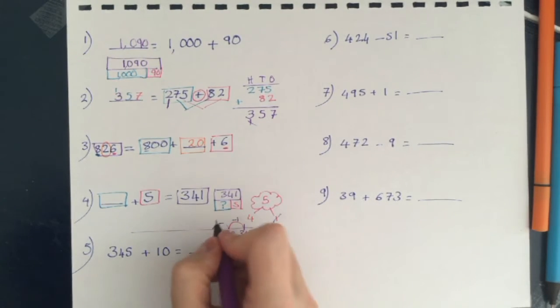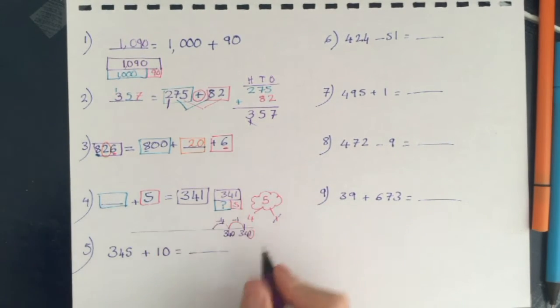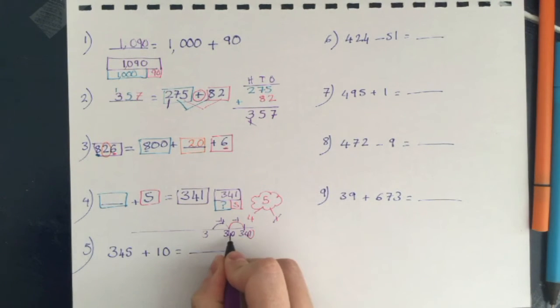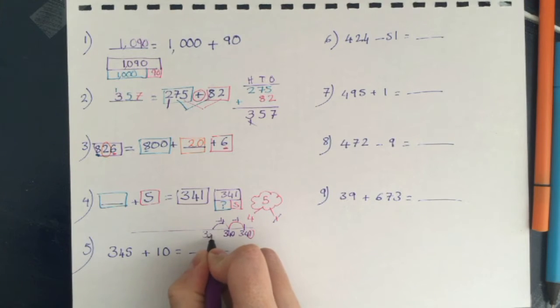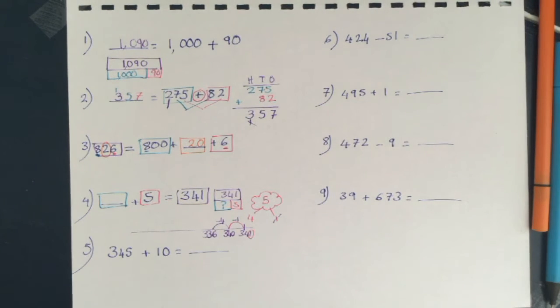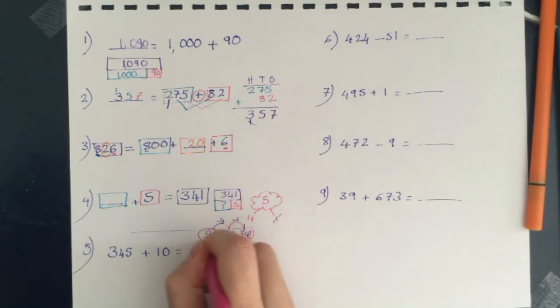If I use my number bonds, take away 4, I am on 10. 10, take away 4, 6, okay? So I would have to go to my previous 10 with a 6. So 300, my previous 10 is a 30, and 6, okay? I am using my number bonds. So you can choose whichever way is the quickest for you, okay?